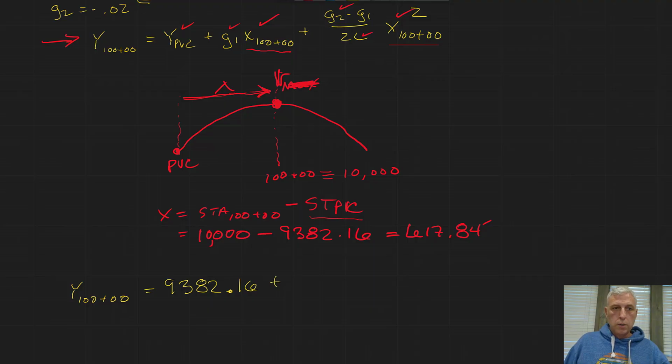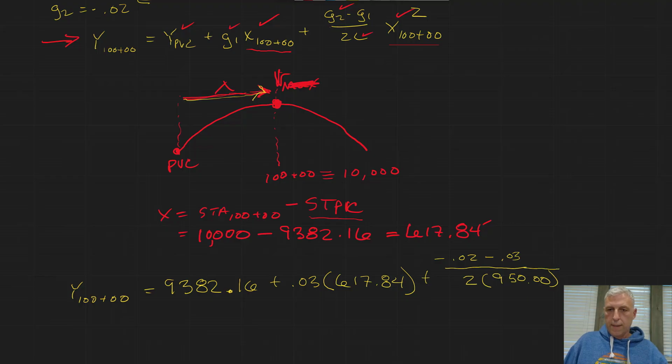Plus G1, which is 0.03, or 3% in regular decimal notation, times our X component here, which we just figured out was 617.84, plus G2, which was the negative 0.02, minus G1, which was our 0.03, over 2L, 2 times L, which we were given as 950, and that's times our X value, 617.84 squared.